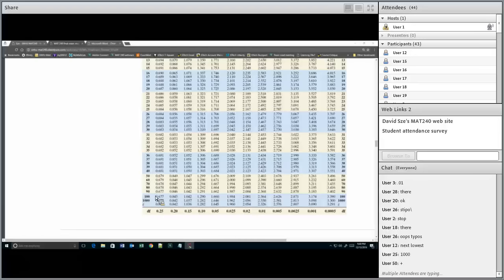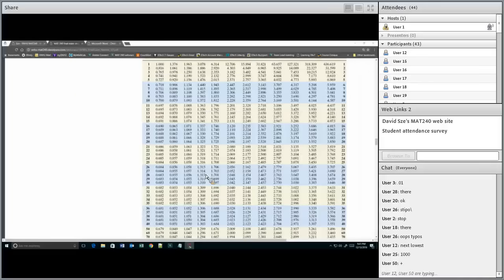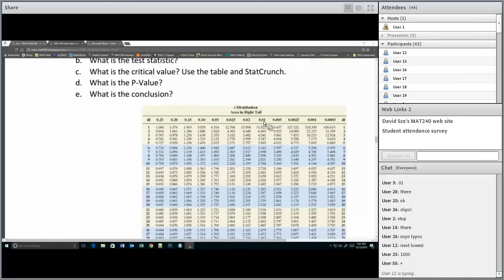And the reason there is no 699 is because notice, once you cross 50, or take a look at this. When you start at 0.01, the difference between DF 1 and 2, look at these values. It goes from 31 to 6, and then it goes to 4.5. You see that the differences are a lot when the DF is small.